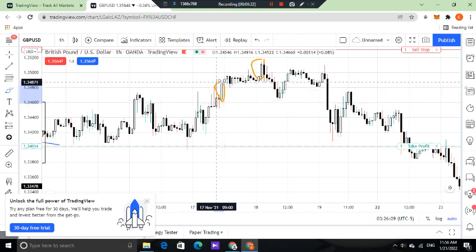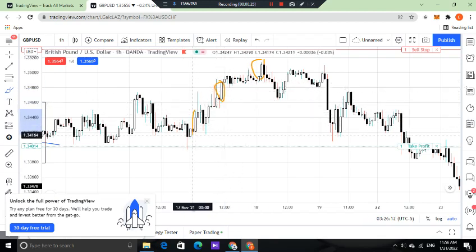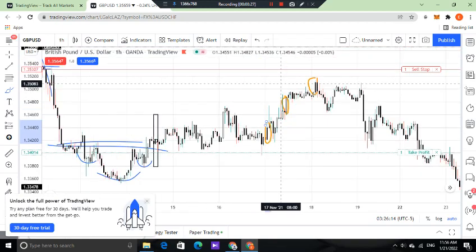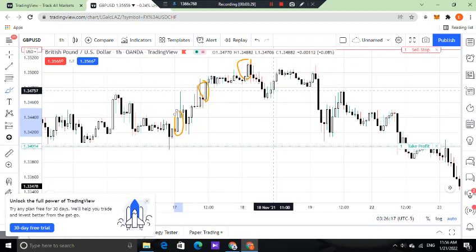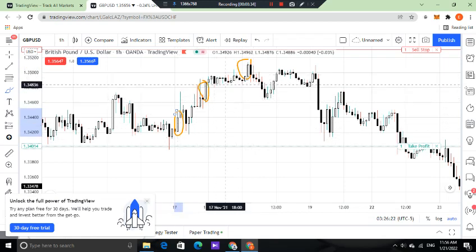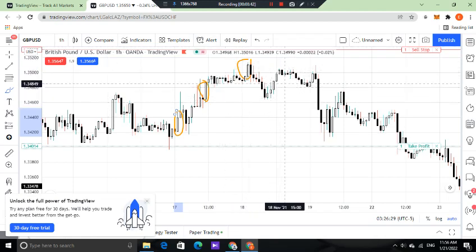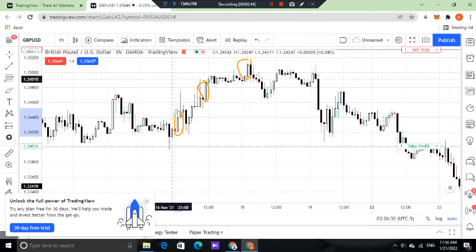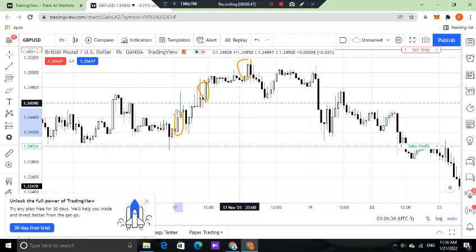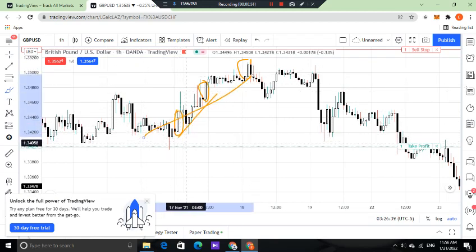When you see consecutive climaxes, it means that bulls are in charge, and when you see small pullbacks at the same time as these consecutive climaxes, you can conclude that bulls are in charge and bears don't have that much power.